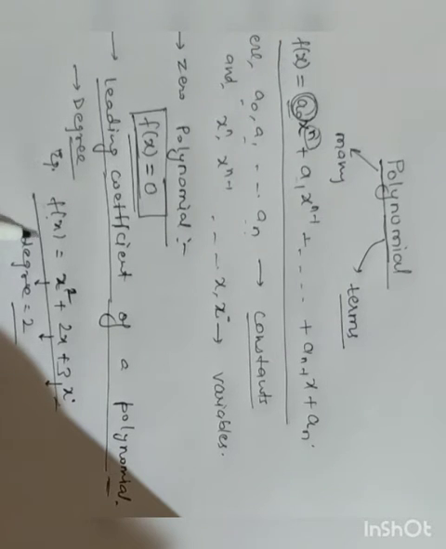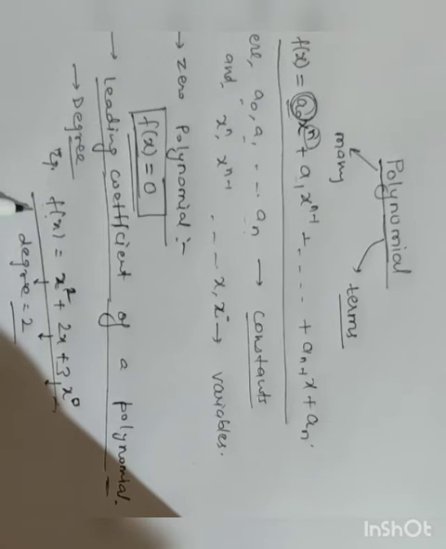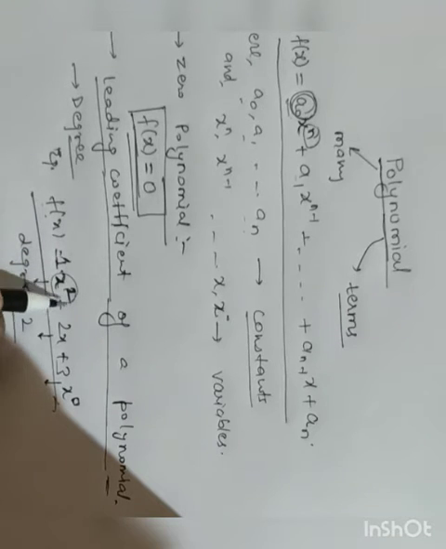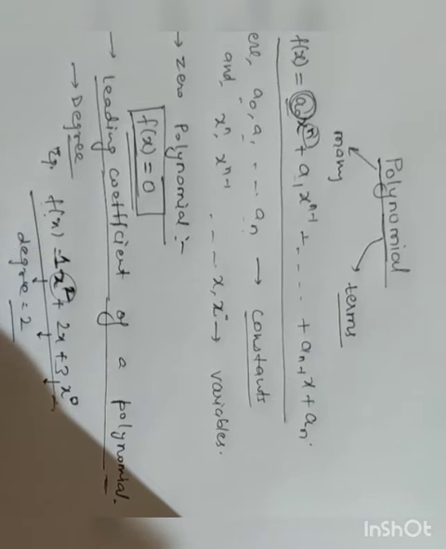Similarly, for the example f(x) equals x squared plus 2x plus 3, the leading coefficient will be the coefficient of the highest power of x, which is x square, so the leading coefficient will be 1.